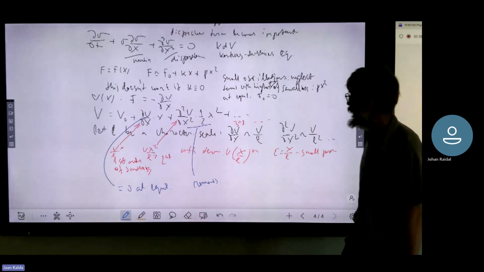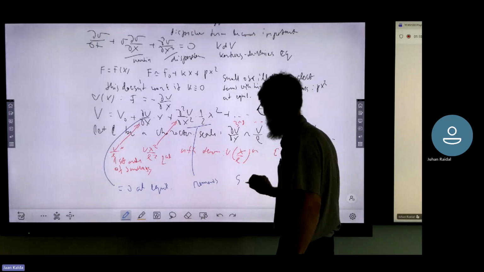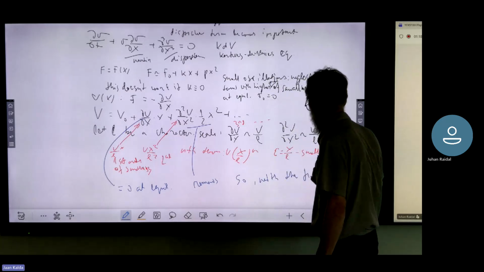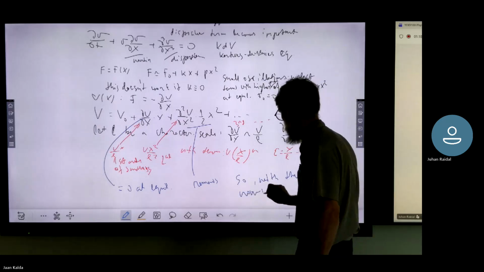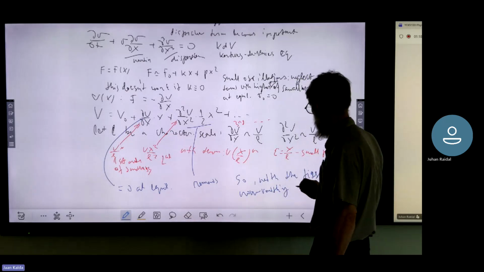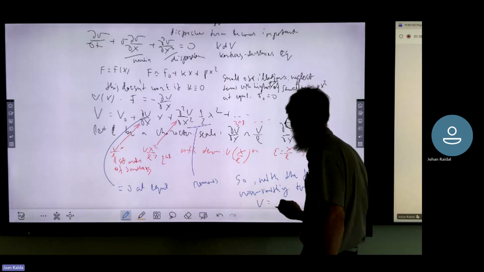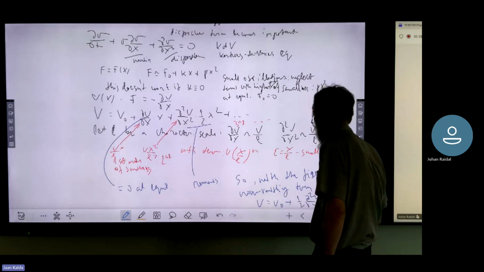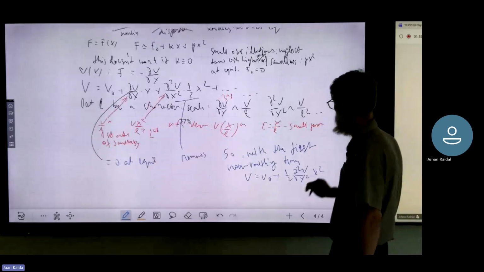And that's why, with the first non-vanishing term, we have V equals V naught plus 1/2 d squared V over dx squared multiplied by x squared, and that gives us harmonic oscillations.